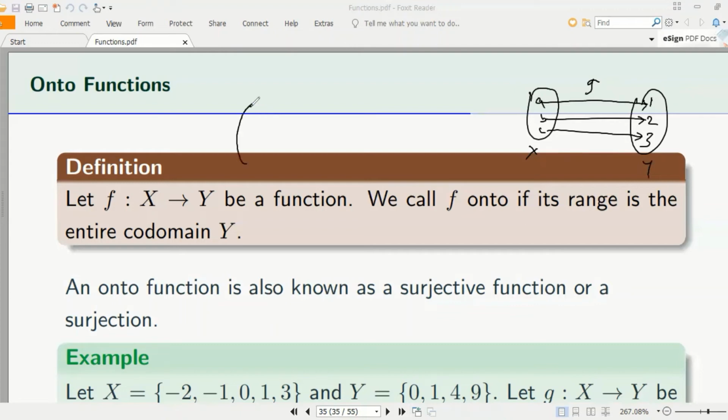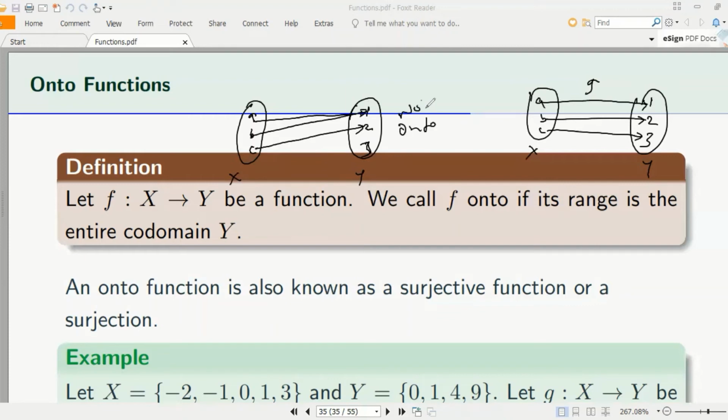Just for this: X, Y, A, B, C, 1, 2, 3. This has been assigned to that, this has been assigned to that, and this has been assigned to this. 3 has not been assigned to. This is not an onto function.